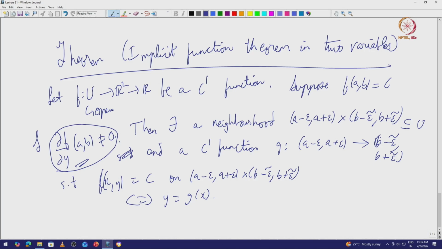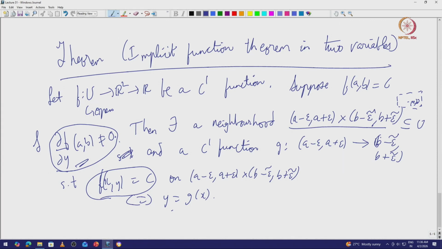So this is in some sense telling you that f depends non-trivially on y. Anyway, under this assumption, there is a rectangular neighborhood, if you will, of (a, b) in R2, and a C1 function g of x, so that f of (x, y) is c and (x, y) is in this neighborhood if and only if y equals g of x.